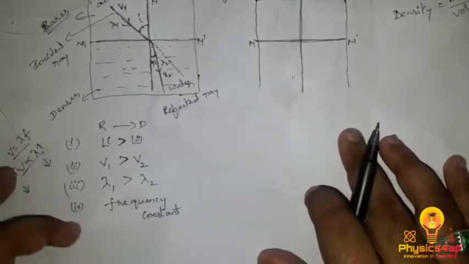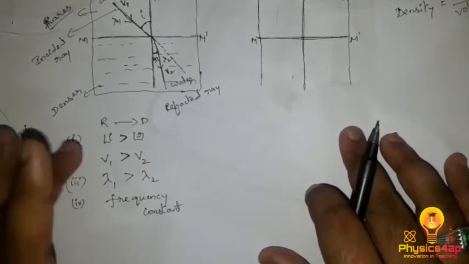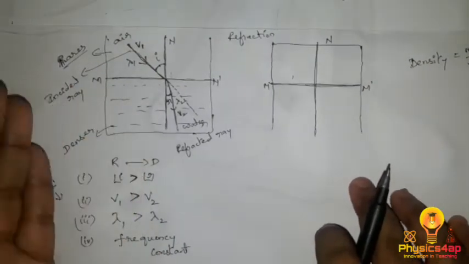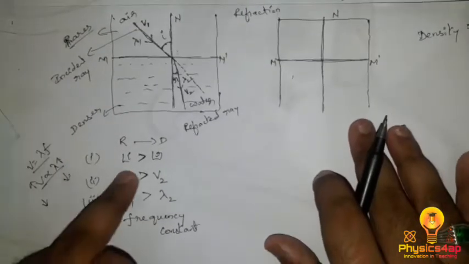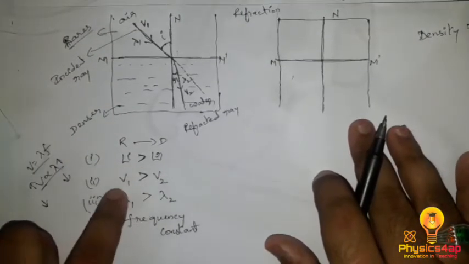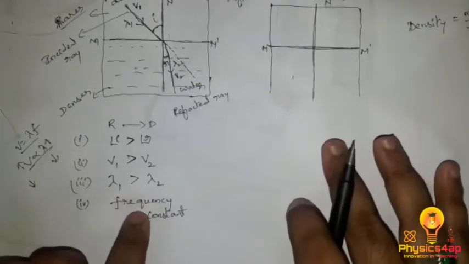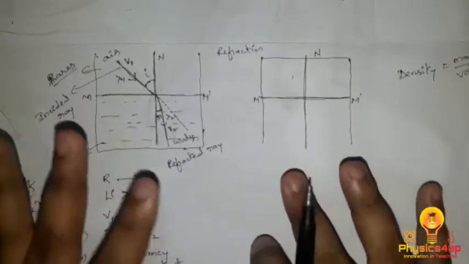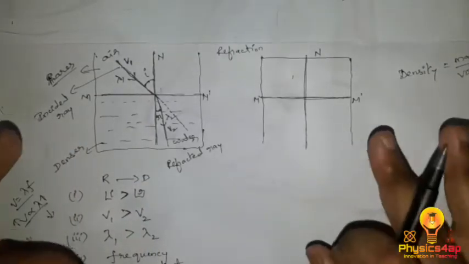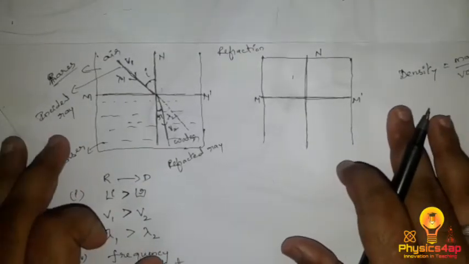So these are the 4 quantities that we need to remember when the light travels from rarer medium to denser medium: the angle of incidence is greater, the velocity of the first medium is greater, the wavelength of the first medium is greater, and the frequency of the light is constant. That means there is no change in this.